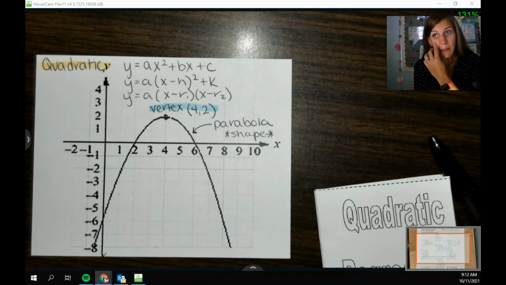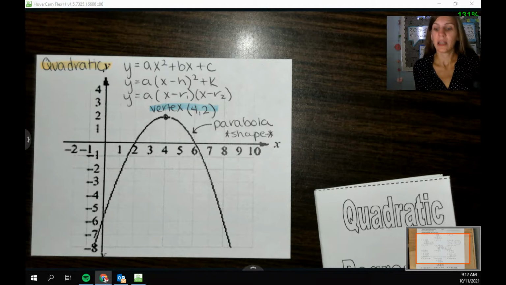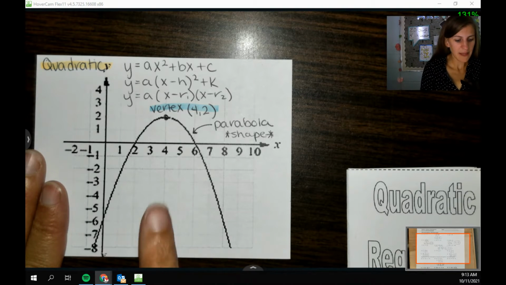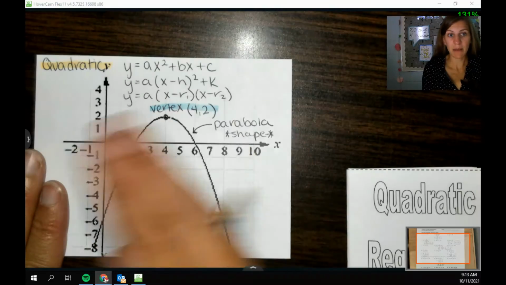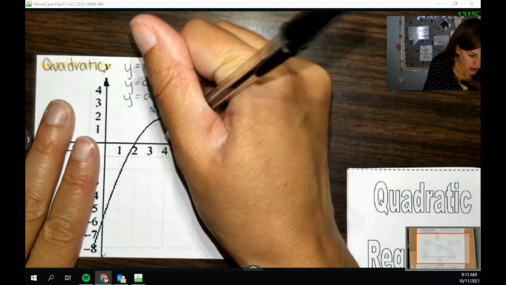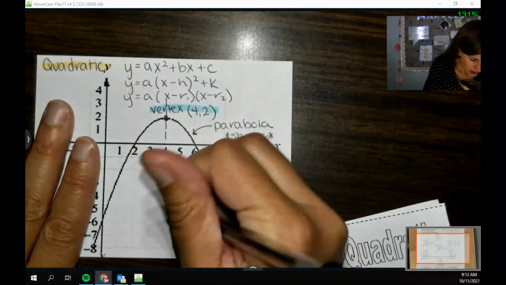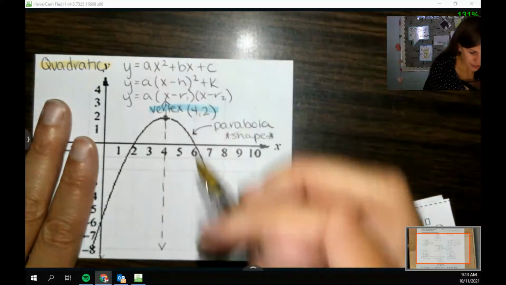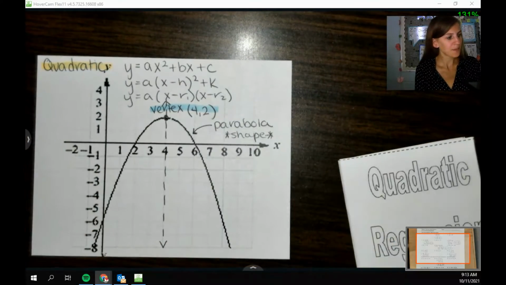Now, a parabola, or a quadratic function, has a unique feature as well, that it's kind of the same on both sides. So there's sort of this mirror or line of reflection that we can draw in right here through the vertex.